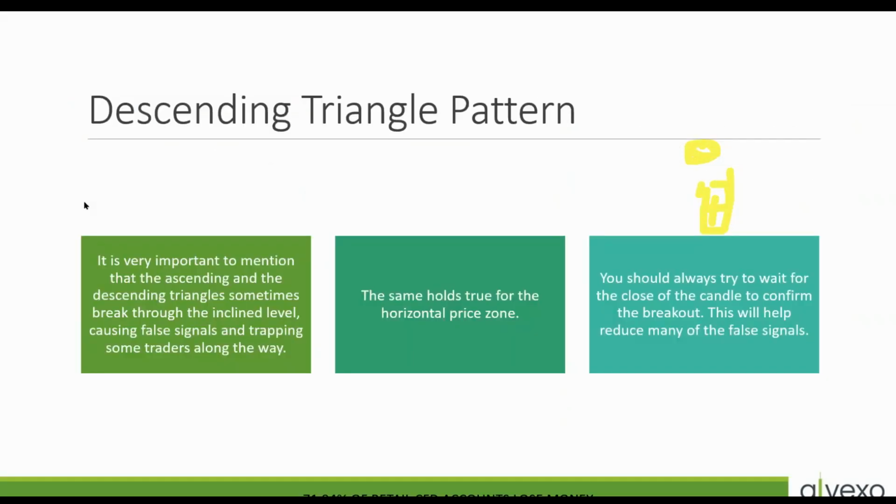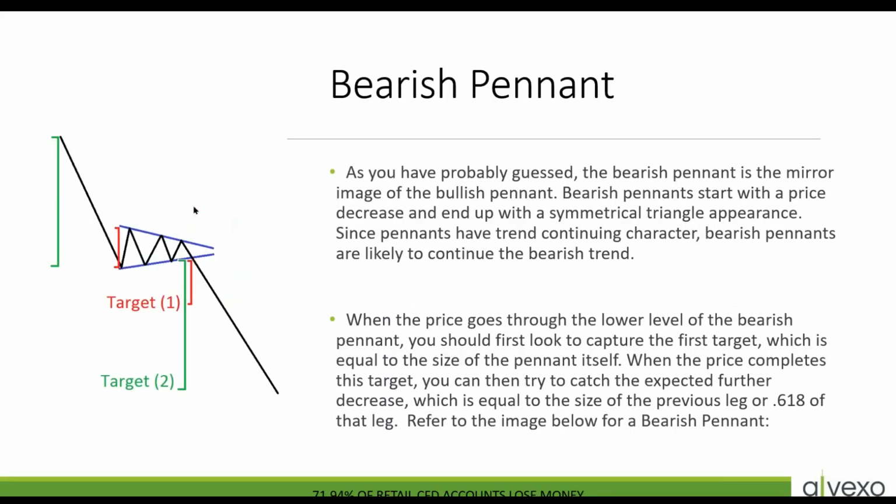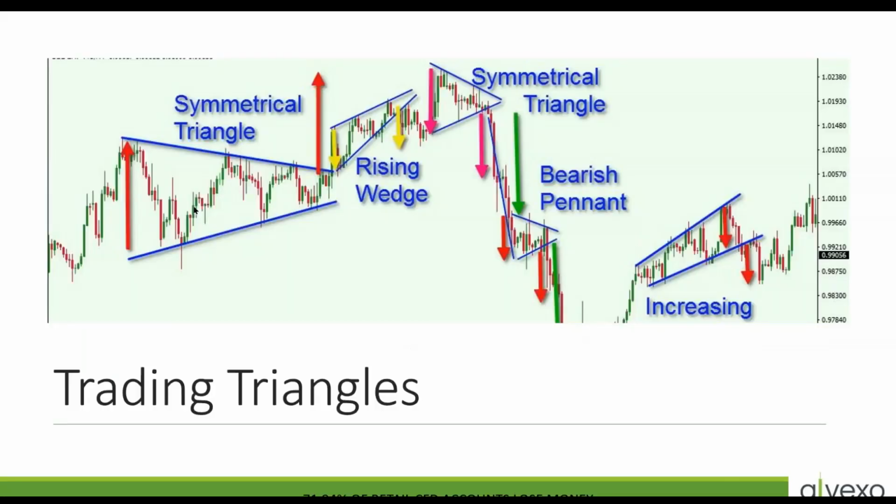Because the question is, how do you know that it's offering an opportunity? And whether it's a rising wedge, a symmetrical triangle, or a bearish pennant, whatever it is, we have to wait till we get the breakout.